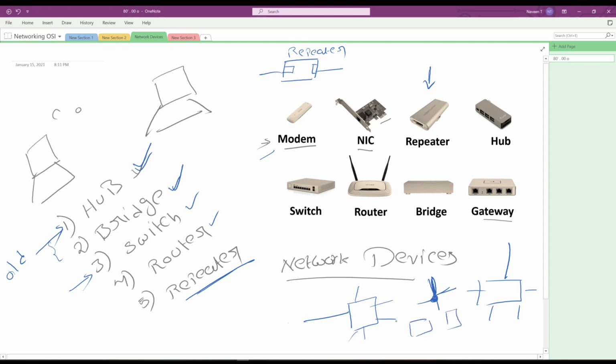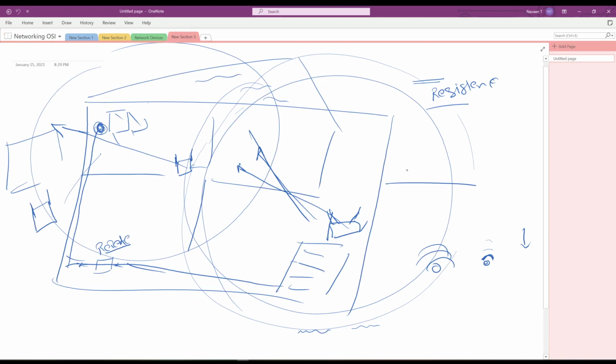You get a single cable from outside, split it into two cables, and use them for two TVs. That is what a simple hub is here.